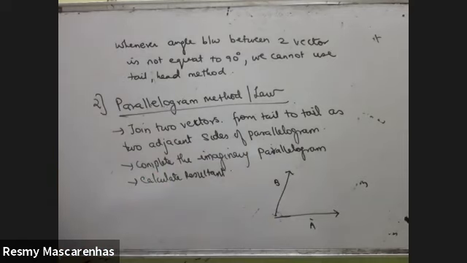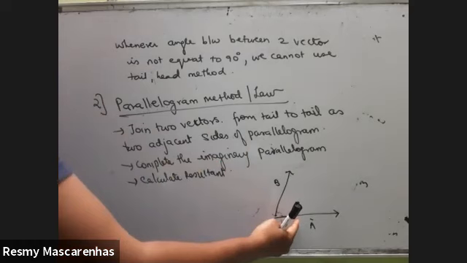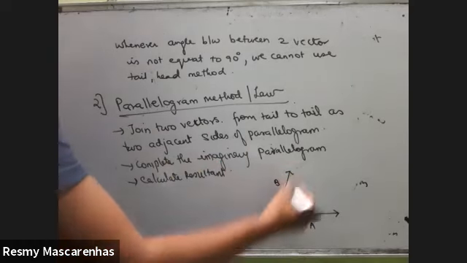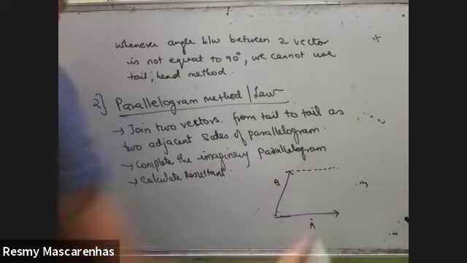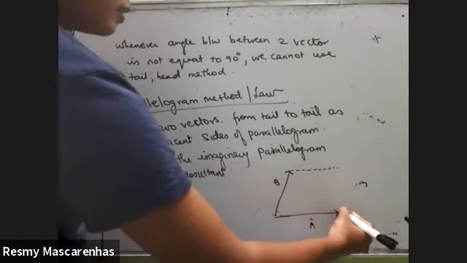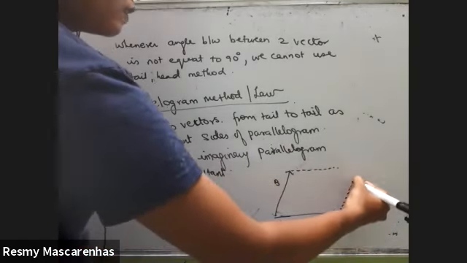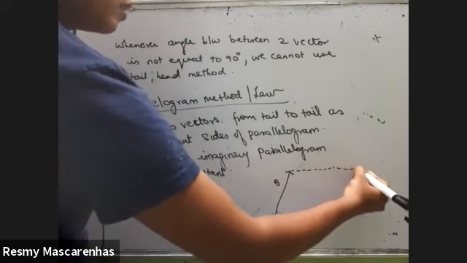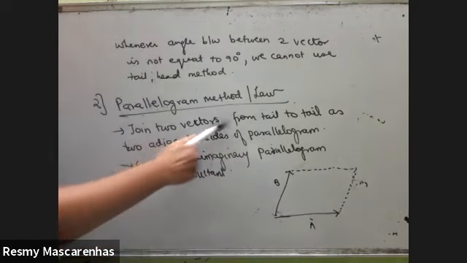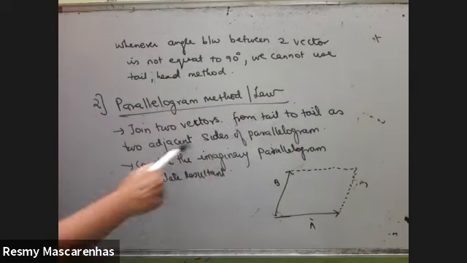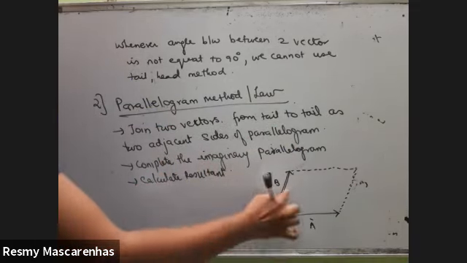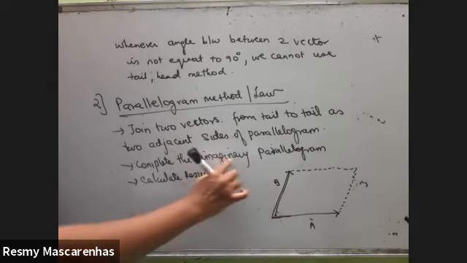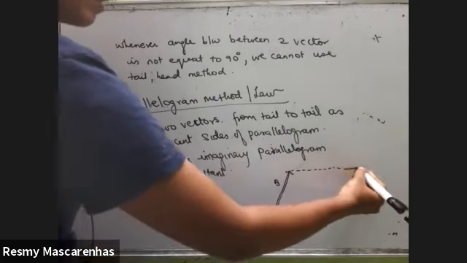So I'll use the parallel shift and complete the parallelogram. This fellow's parallel is like this, and this one's parallel is like this. So join the two vectors from tail to tail as two adjacent sides of the parallelogram.